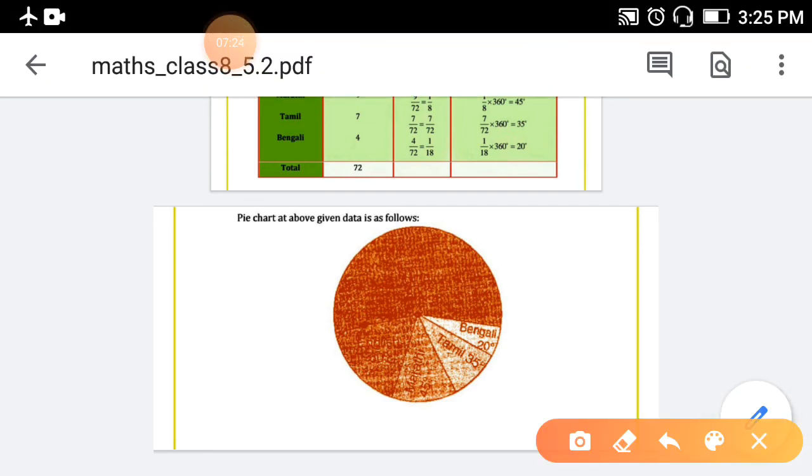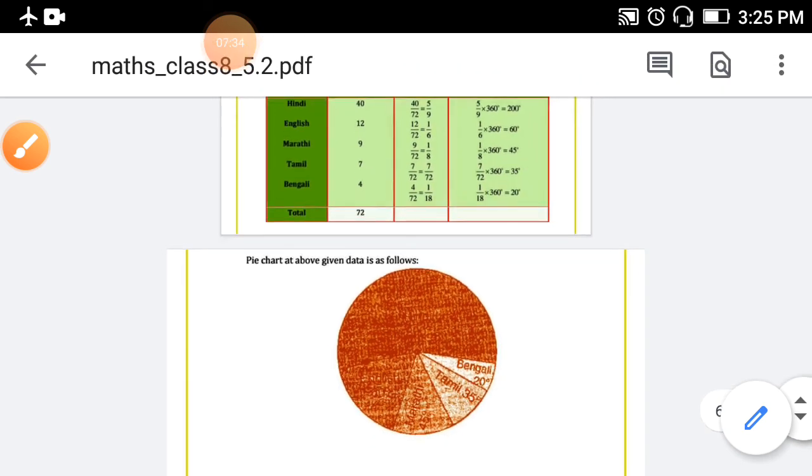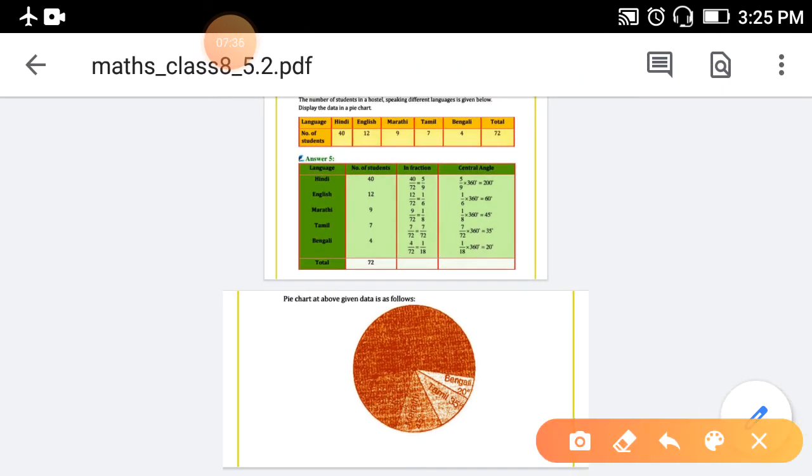200 is more than 180 degree. It is for Hindi. So most of the people speak Hindi. Next, English 60 degree. Marathi 45 degree.